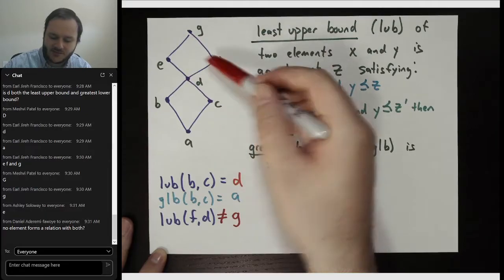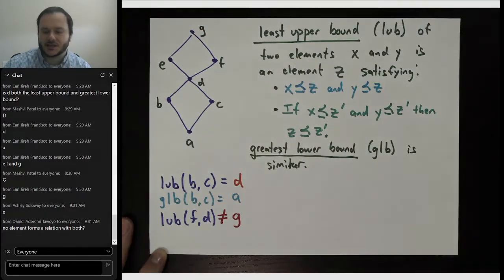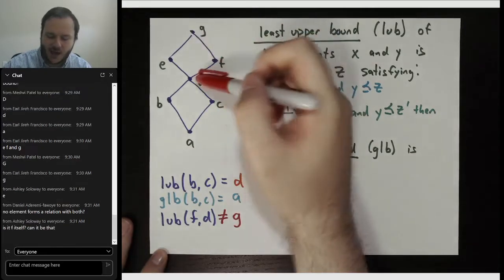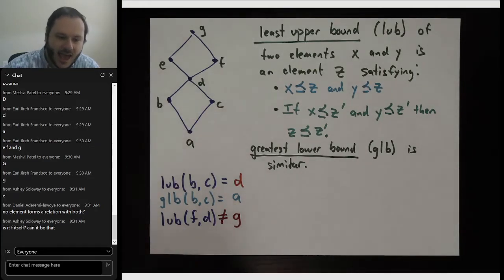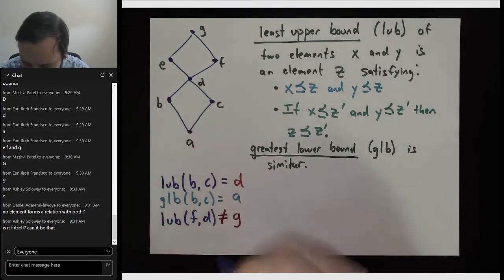G is bigger than F, and G is bigger than D. So, unless I'm lying to you, if G is an upper bound, but is not the least upper bound, what does that mean? Yeah, exactly right. Ashley's got it. F is the least upper bound.